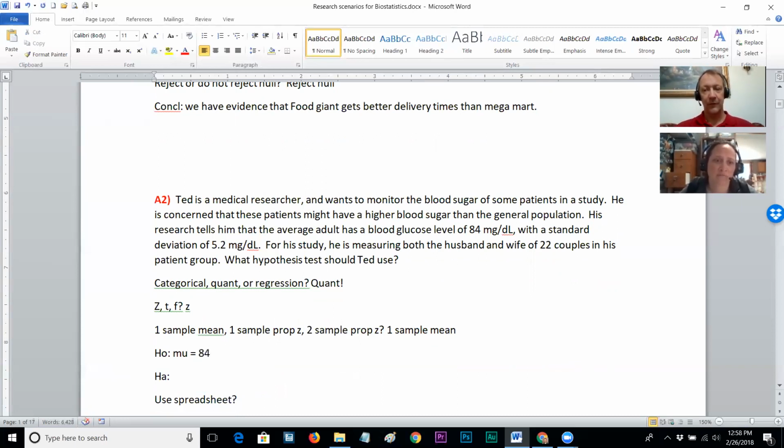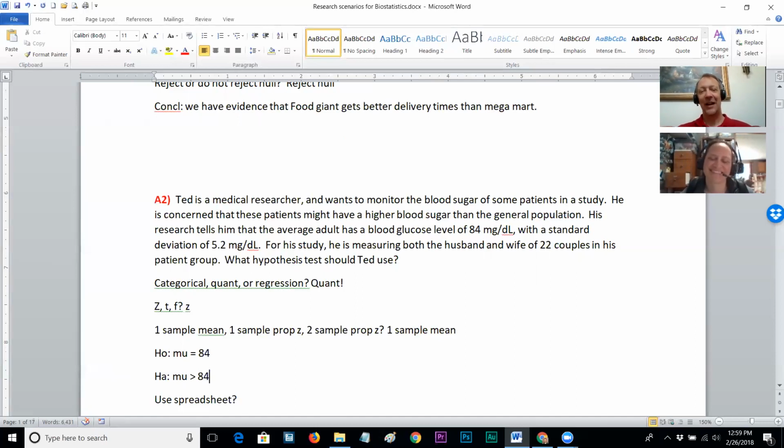And the alternative hypothesis is mu greater than 84. Very good. Okay, two pats on the back. Nobody does this well ever.